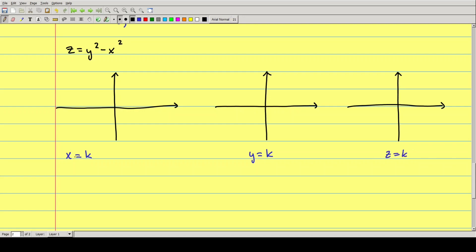And so this gives us z equals y squared minus k squared. This gives us z equals k squared minus x squared. And then this one gives us k equals y squared minus x squared.